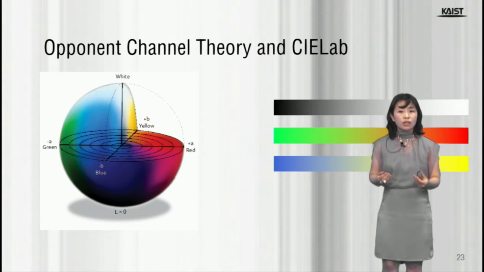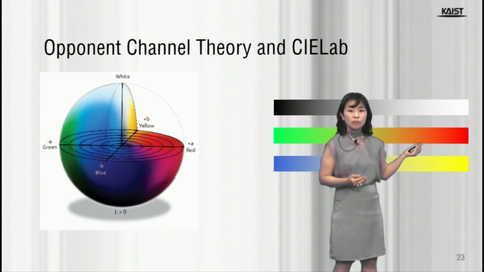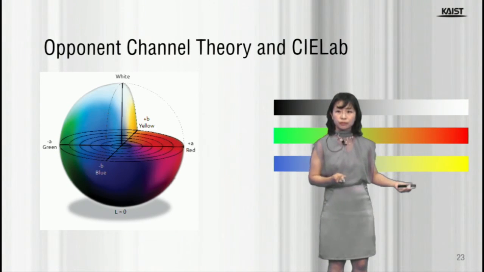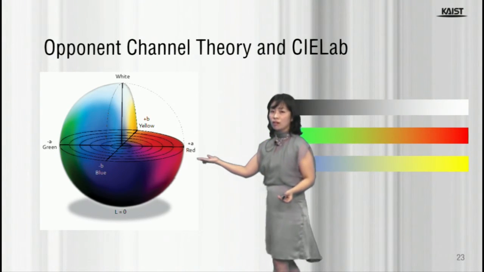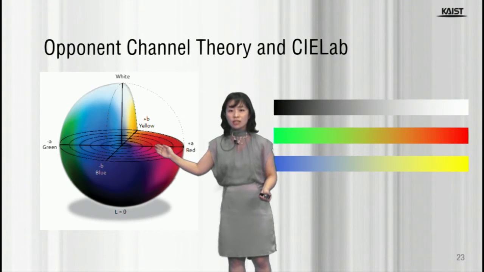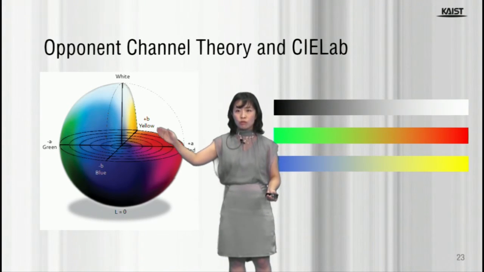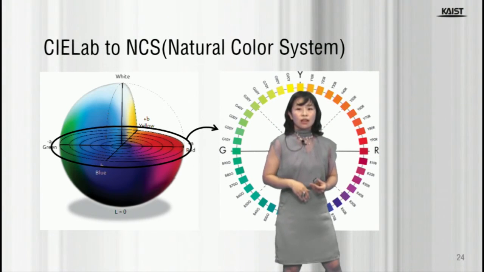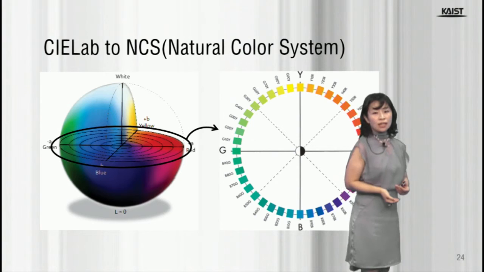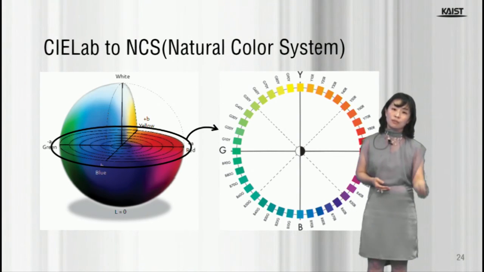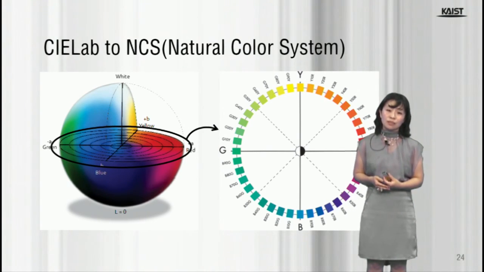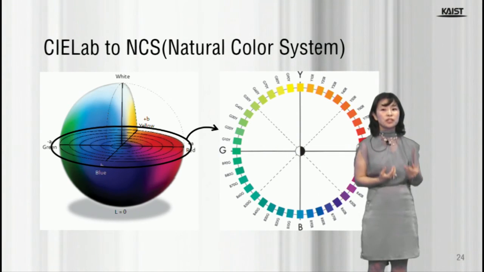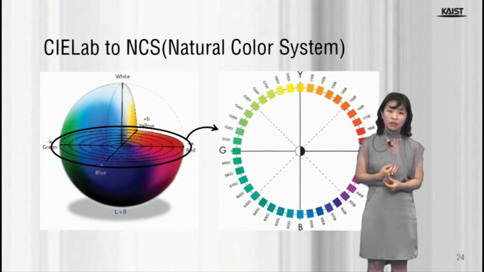In particular, the red-green axis is at right angles to the yellow-blue axis, which is realized here. The a and b coordinates are applied to some other color systems, for example, the NCS. It takes advantage of following how humans perceive the chromatic characteristics of colors.